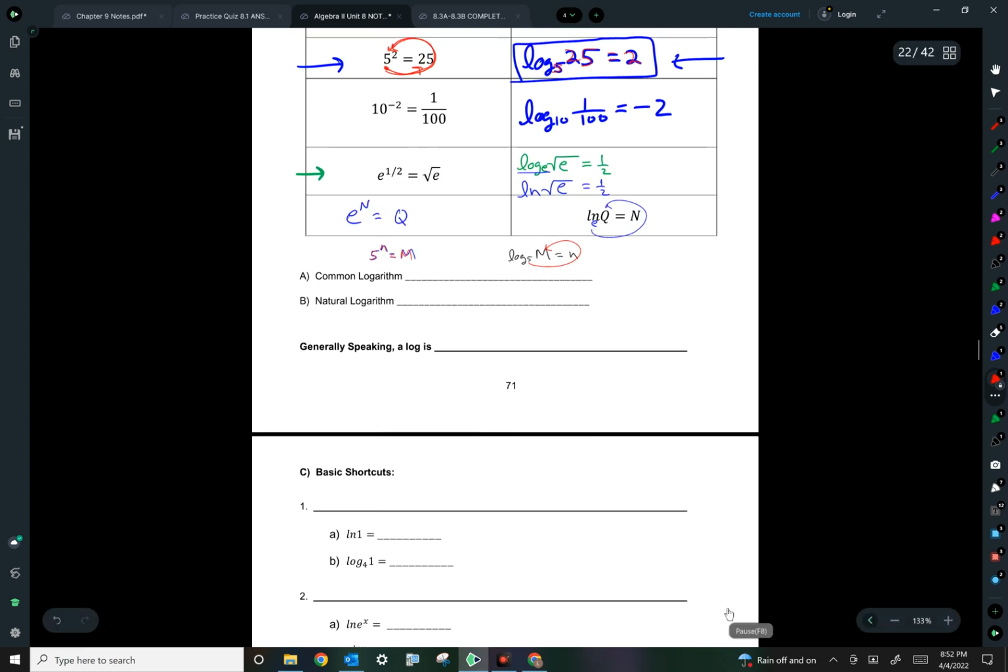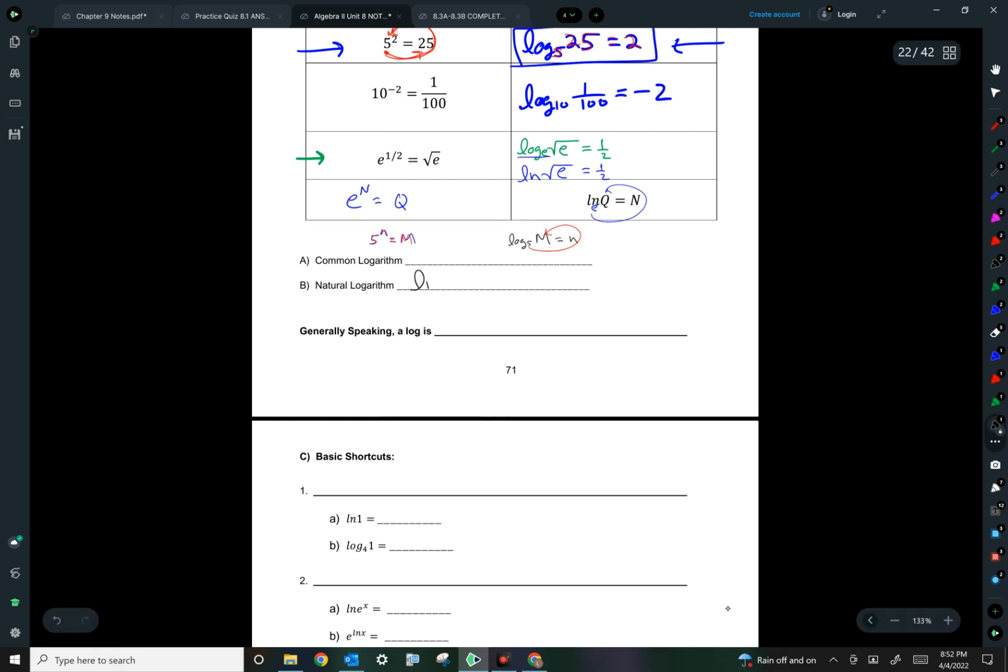All right, so we said that the natural logarithm is when you have a base of e. So natural logarithm is like when I write natural log of x. We also have something called a common logarithm. A common logarithm is if your base is 10. I'm going to say here b equals 10. So you might write log base 10 of x equals 2.